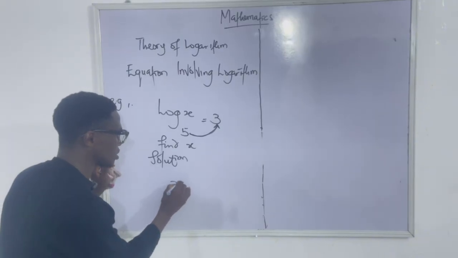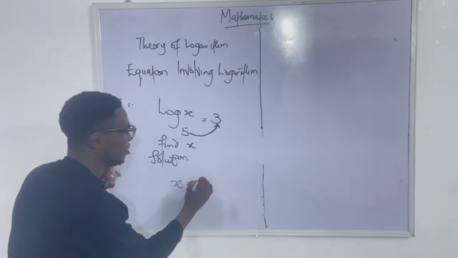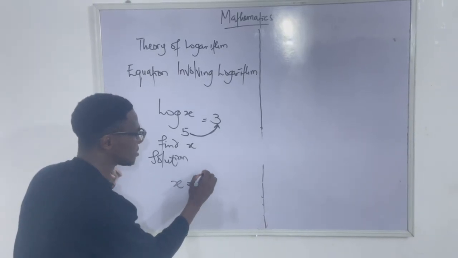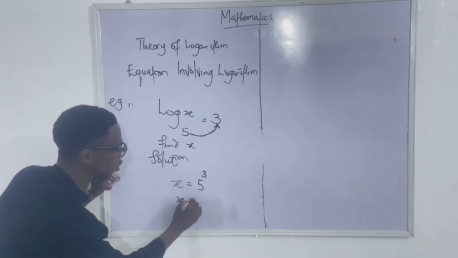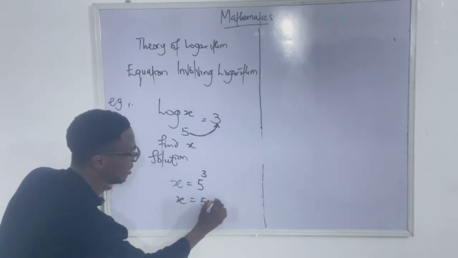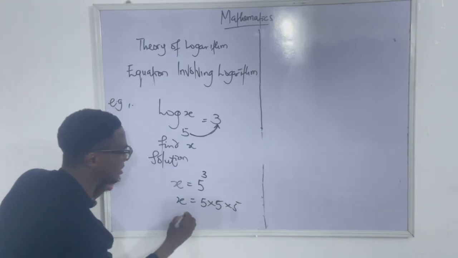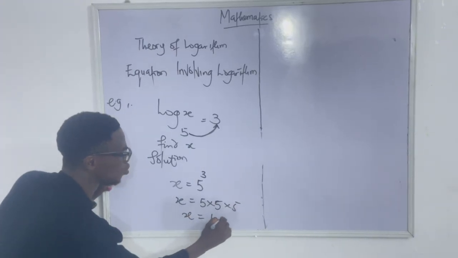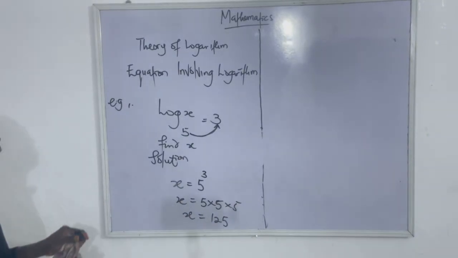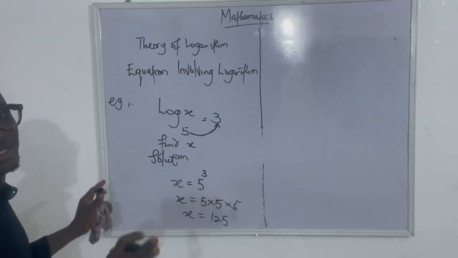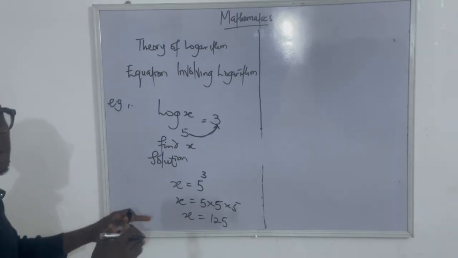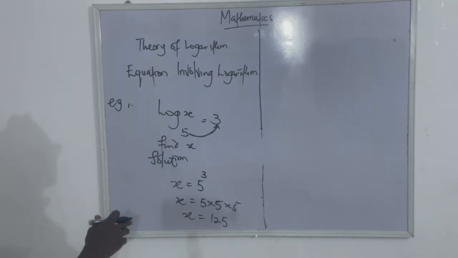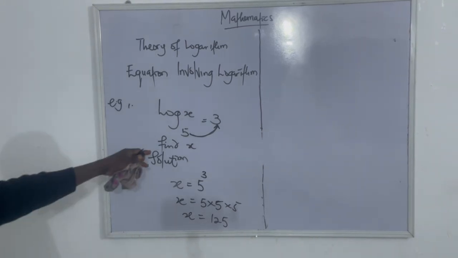So it goes thus. x will now be 5 being the base, 3 being the power. So it means that x equals 5 multiplied by 5 multiplied by 5, and x equals 125. So that's just the simplest way we can express a logarithm equation.